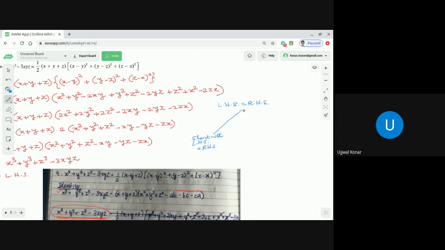Or the second could be that you start with RHS and prove that this is equal to LHS. That is exactly what we have done here.